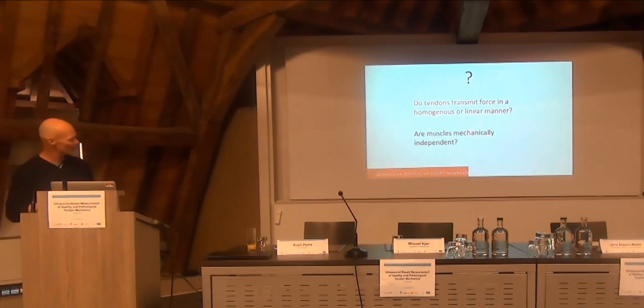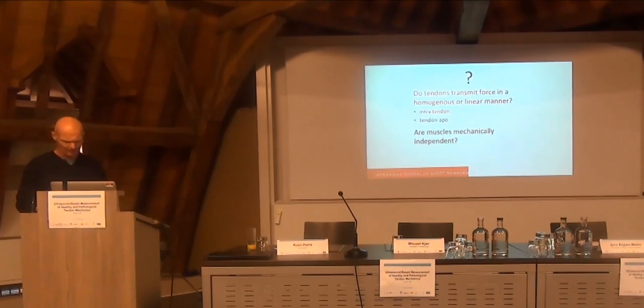And since we're talking about muscle tendon units, you also have to discuss if muscles are mechanically independent and how this interplay goes on inside a close packed limb of a human or an animal, if you're interested in that. So this is the outline.